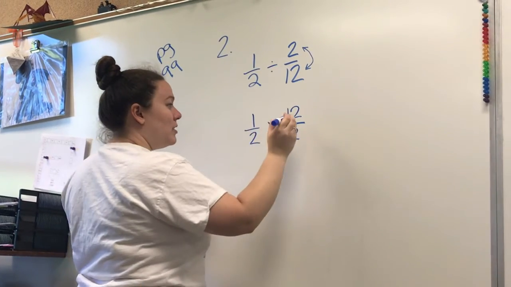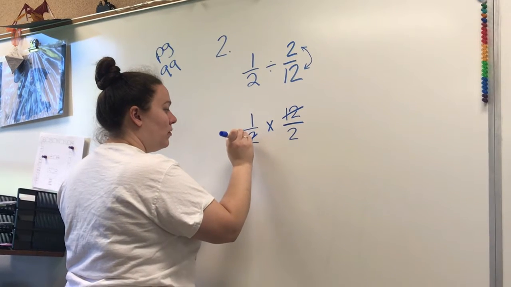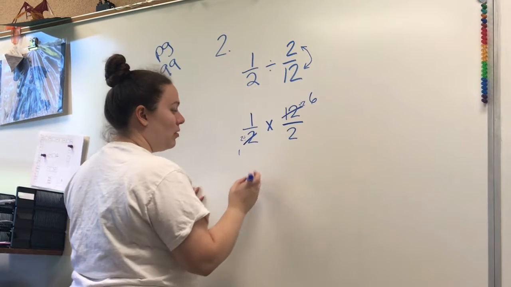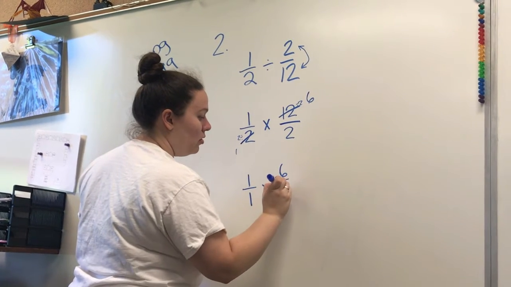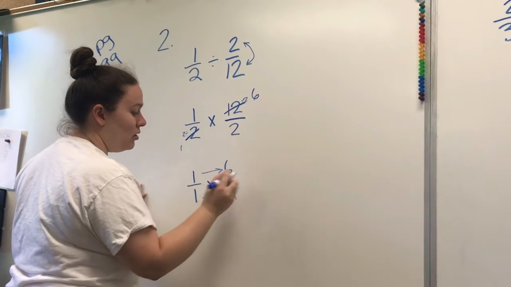So I'm going to crisscross, and I see that 2 and 12 get along, so 2 divided by 2 is 1, 12 divided by 2 is 6. I'm going to rewrite this problem so it's beautiful. I could reduce this now, but I'll just reduce it at the end.